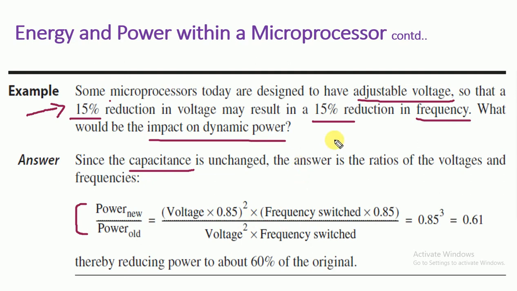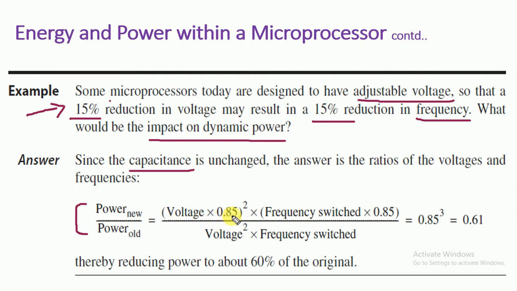We also have the assumption that the frequency switching will be reduced by 15%, so the frequency switched will also be multiplied by 0.85. So only 85% frequency switching happens. Here also 85% voltage usage, but we are considering voltage squared.